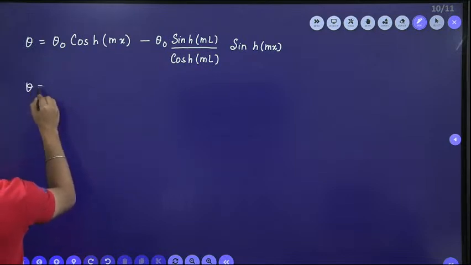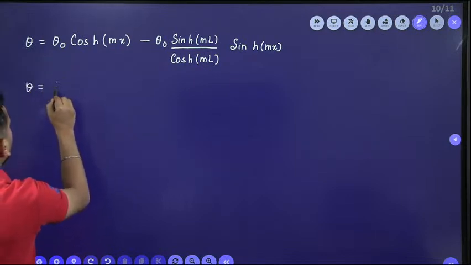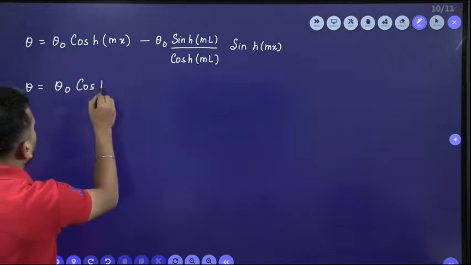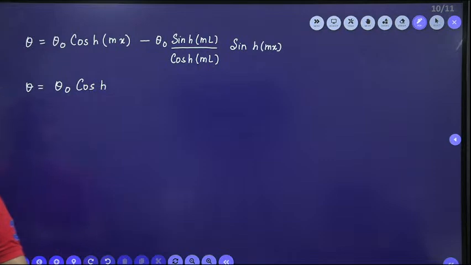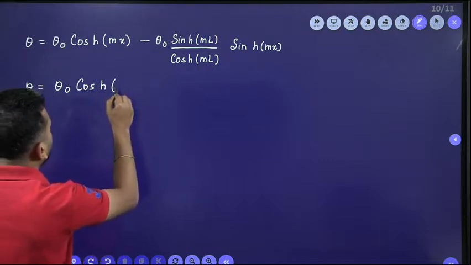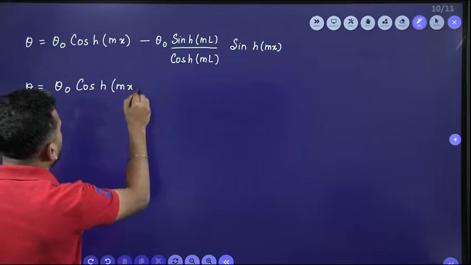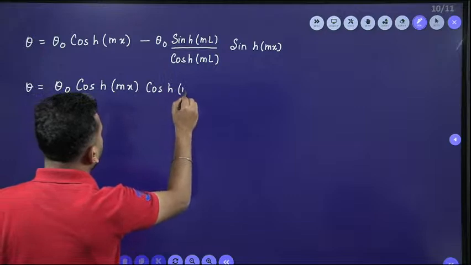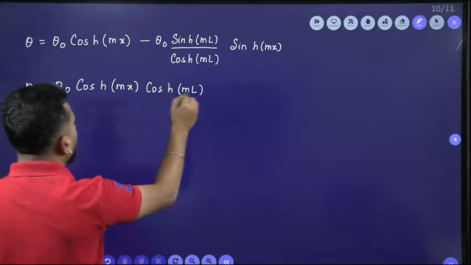So now I can focus on simplifying this. So this is theta naught cos h mx cos h ml.